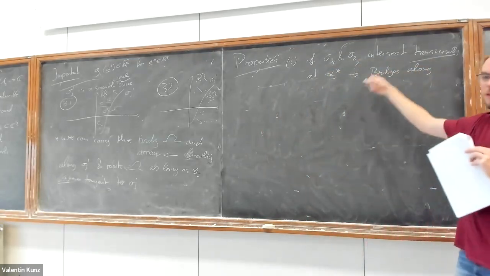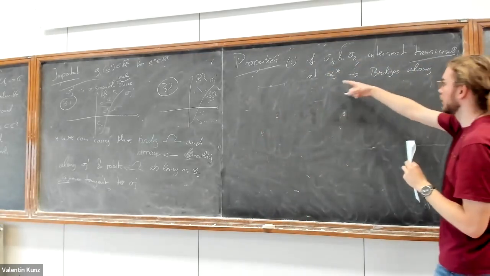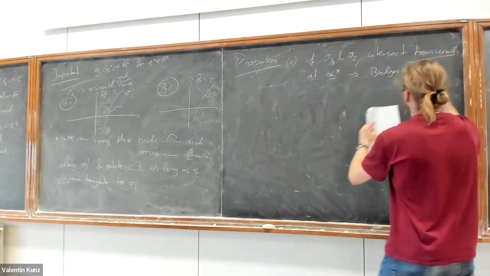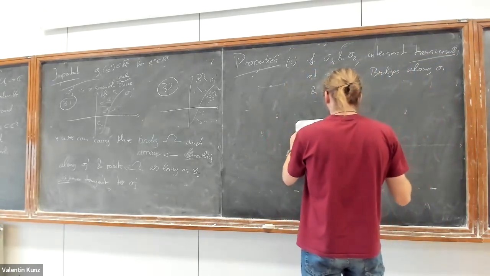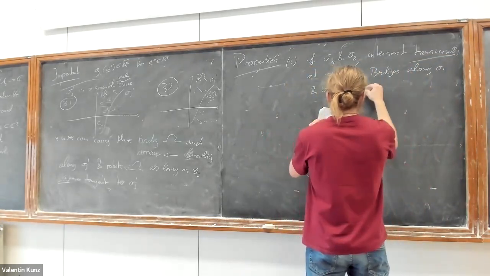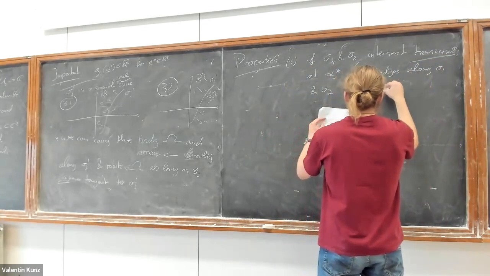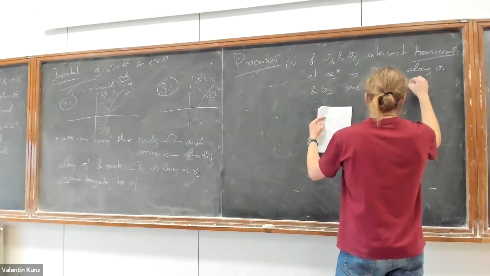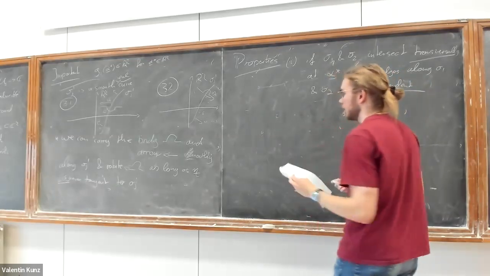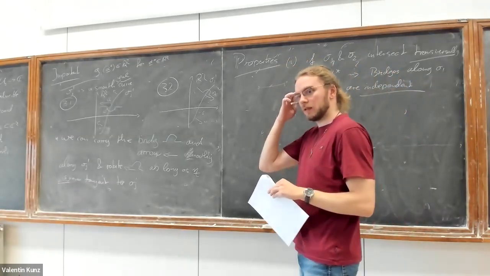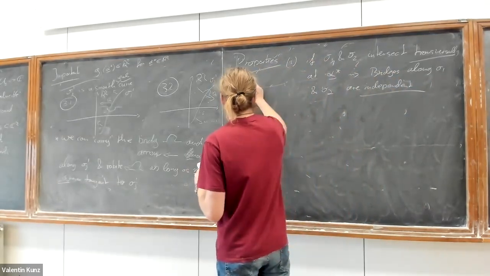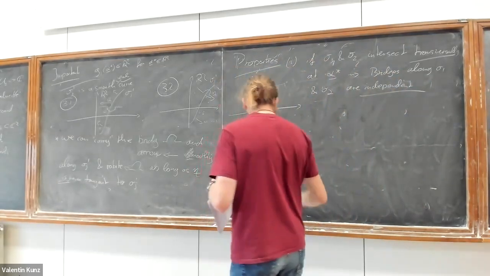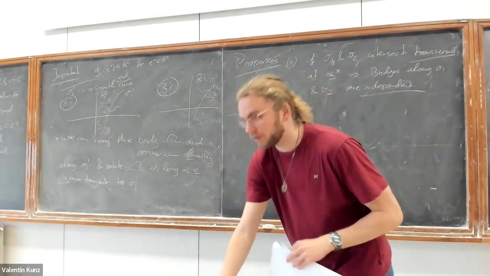I will just say bridges, but it's always bridge and arrows. So if they intersect like this instead of this. Exactly. And this is pretty much all that we need to know for what it means to be a transversal intersection.